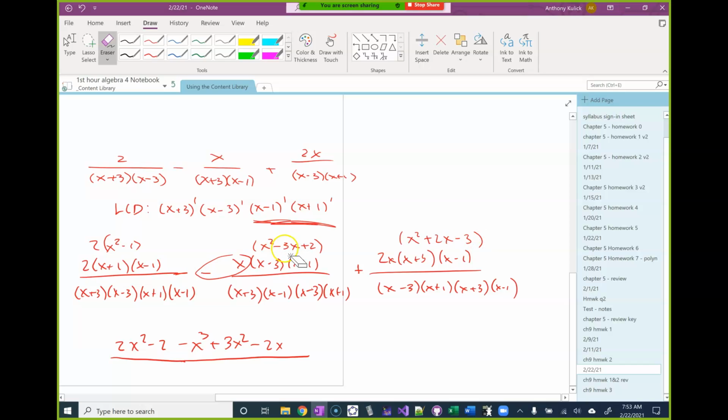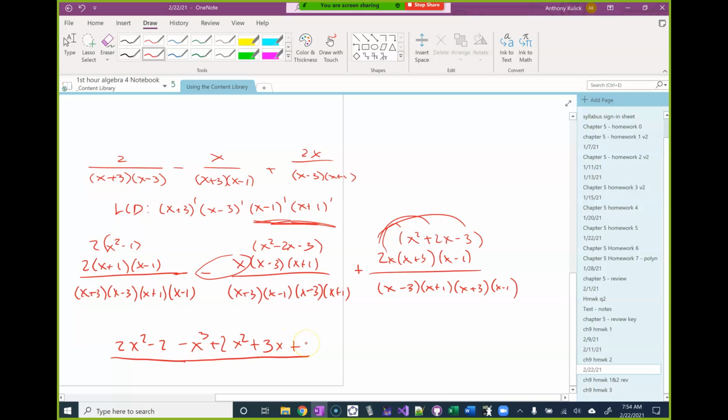Oh my goodness, I goofed that up. That should be minus 2x minus 3 there. That should be a plus 2x, and that should be plus 3x. My apologies. And then I'll distribute the same thing here.